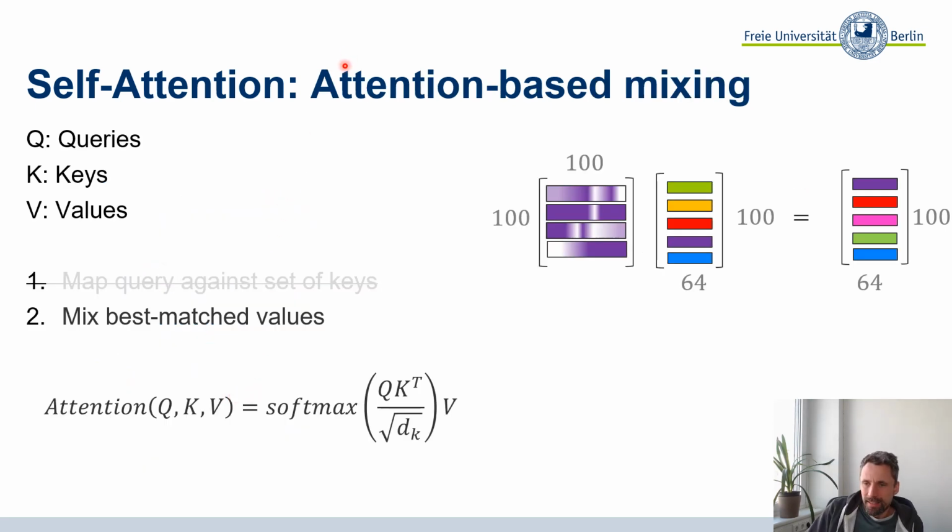The next step is that we use this attention mask to mix the values. Again, the matrix V is some representation of the input tokens, and by multiplying this attention mask with the matrix V, we get an output representation of our input sequence.